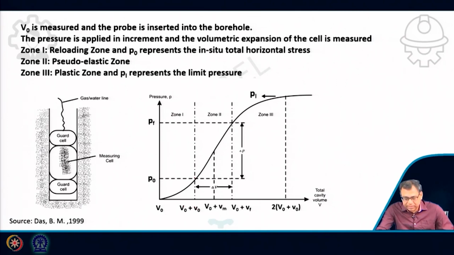Small v0 means the volumetric expansion corresponding to the P0 stress. So that is V0 plus small v0, and corresponding to PF it is Vf, and Vm is the average, corresponding to P0 plus PF divided by 2.